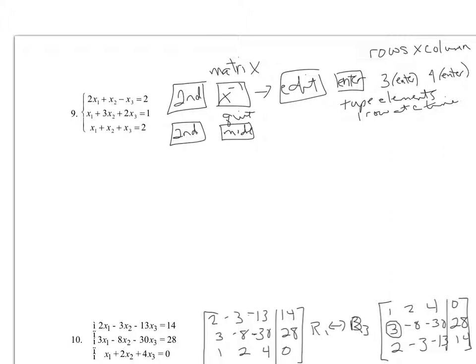What we need to do now is to tell the calculator what to do with this matrix. So if you'll go back to second, x to the negative 1, which is second matrix, this time you need to arrow over to where it says math.